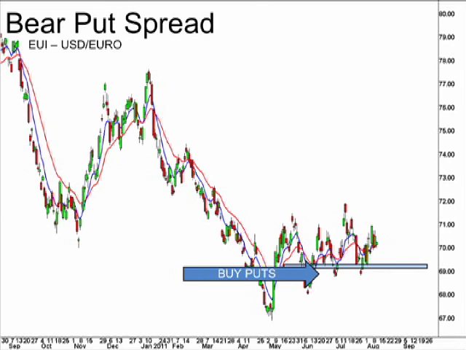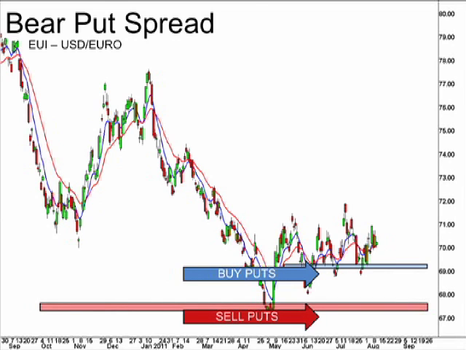Okay. So with that in mind, we can use, again, the same observations to create a bear put spread. Now, for the bear put spread, we have to have a directional bias. We have to have an entry point. So we can still buy our puts at that 69 strike, but ultimately, what we're going to do is sell off the puts below the 67 support level, and that will allow us to capture the difference between the strike prices minus the premium we paid.